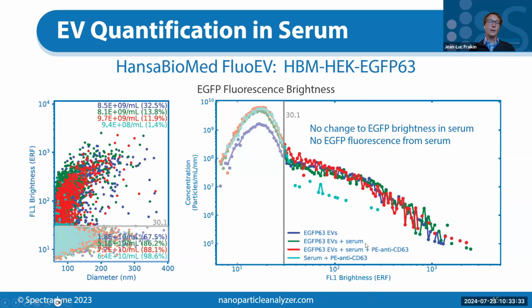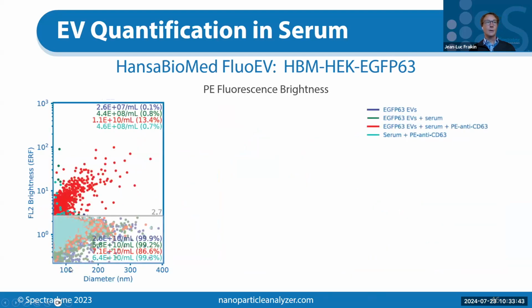All right. So now let's look at the PE channel. So this will be detecting the fluorescent staining using the antibody for CD63. So same plot as what we looked at before on the left here, except now we're looking at the brightness on the y-axis in the yellow channel. So this is just for PE staining, right?